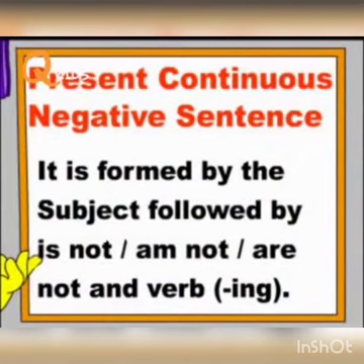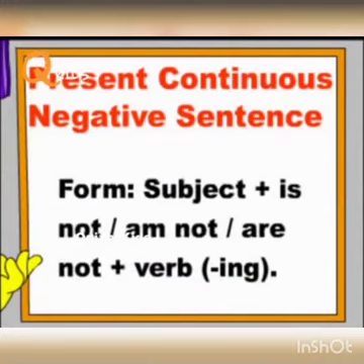Present continuous negative sentence. It is formed by the subject followed by is not, am not, are not, and the verb ing. Form: subject plus is not, am not, are not, plus verb using ing form.